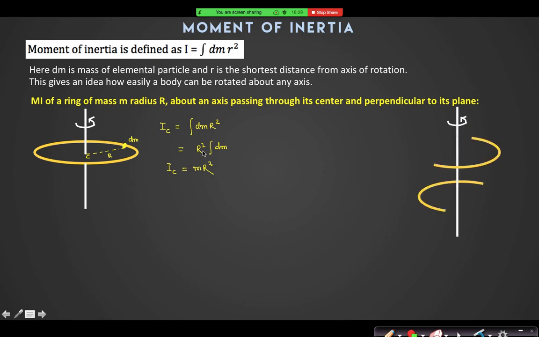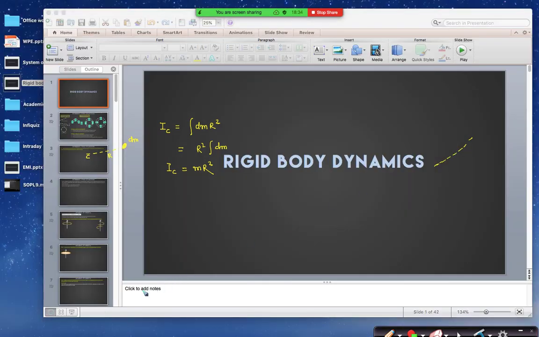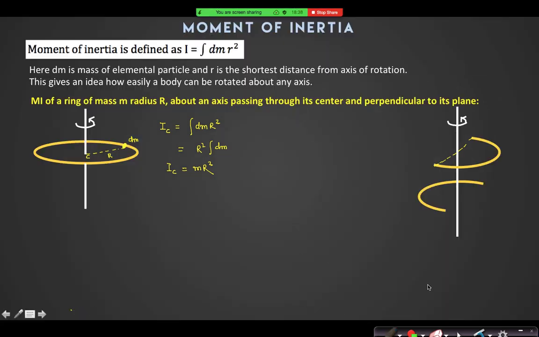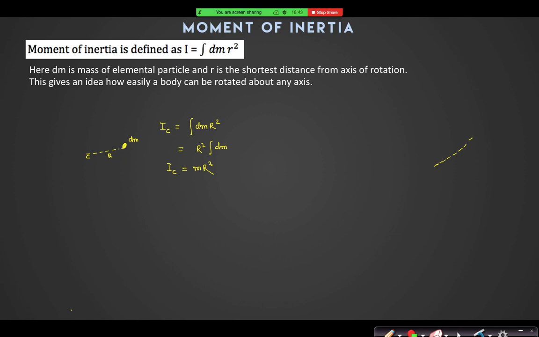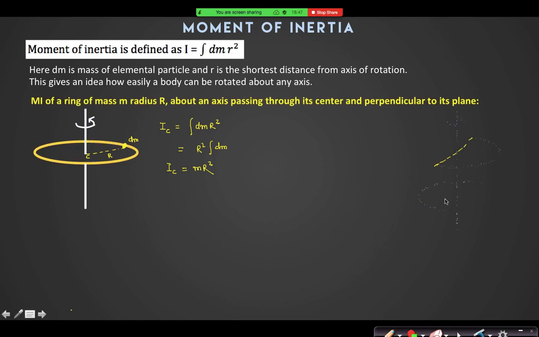Similarly, if I cut the ring into two equal halves, each having mass m by 2, one half I have placed here about this axis of rotation, and the other half just below that.